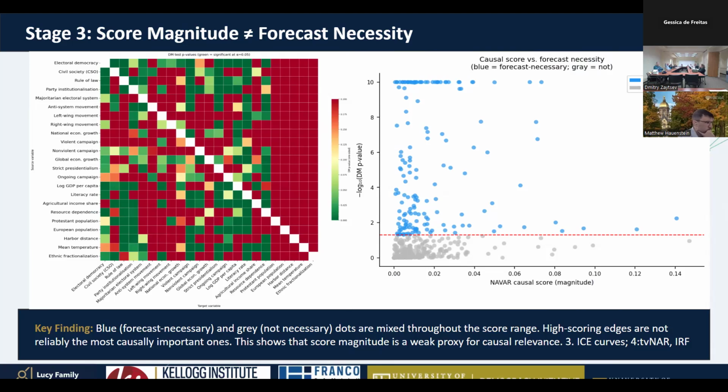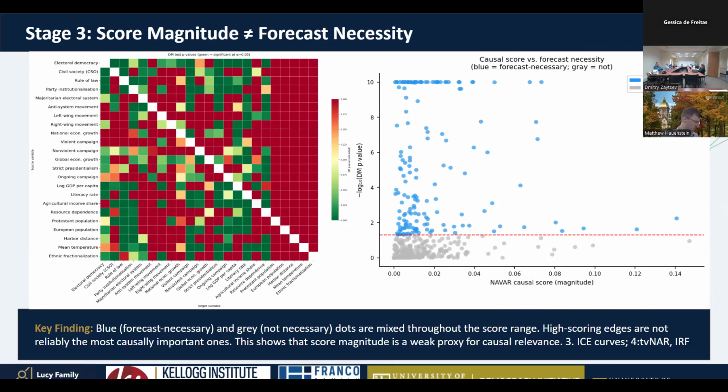In the lower right quadrant of the graph, below the red line, there are variables that have high causal scores, but are not forecast necessary. And that could be the case if most of their forecasting ability comes from variables that cause them. So they're downstream from variables that matter for these kinds of things.